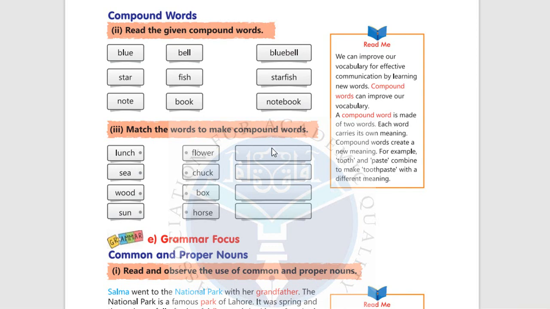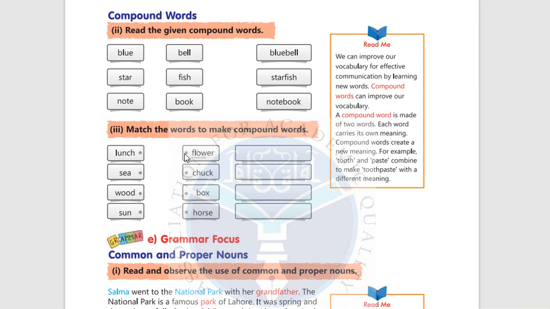So let's move on to part 3 where you actually have to do something. You have to match these columns to make different compound words. They've given you a set of words on the left side and a set of words on the right side. You have to match the words on the left with the words on the right to make appropriate compound words.